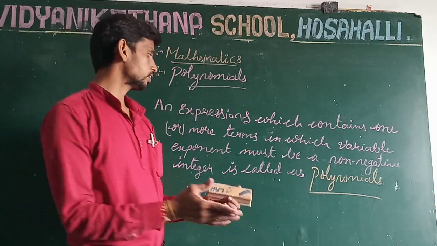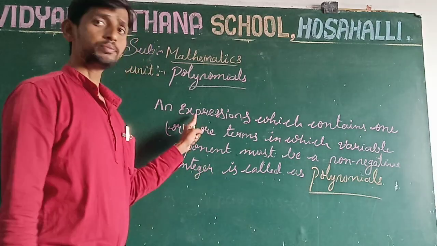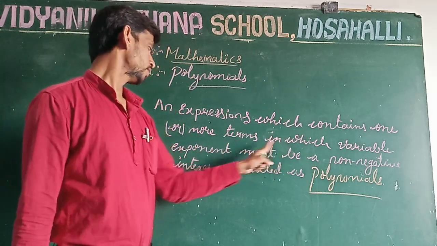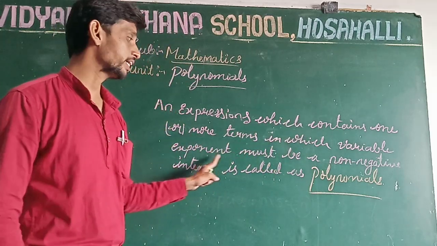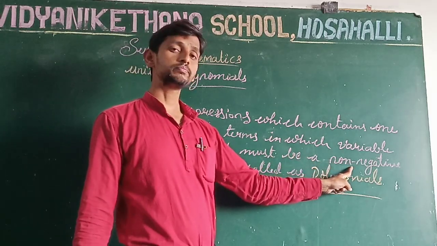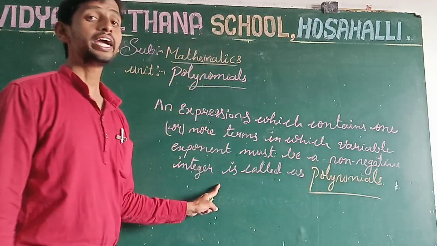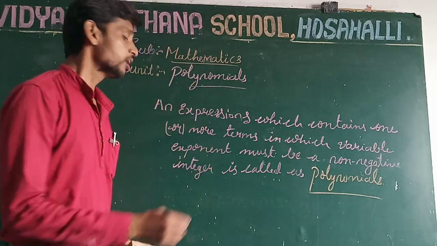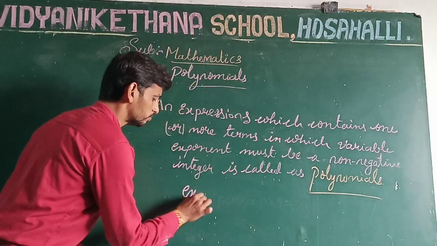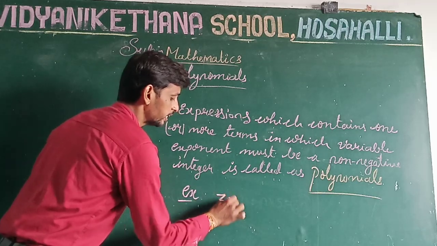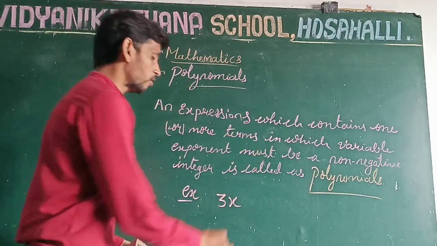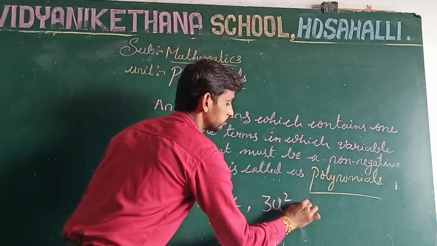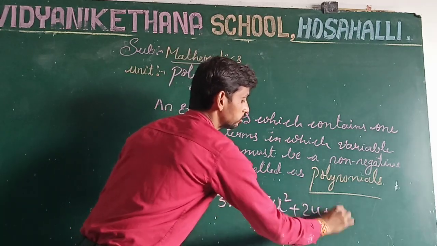As I told, an expression which contains one or more terms in which the variable exponent must be a non-negative integer is called a polynomial. An example for the polynomial: 3x is an example for a polynomial. Next, 3u square plus 2u plus 1.